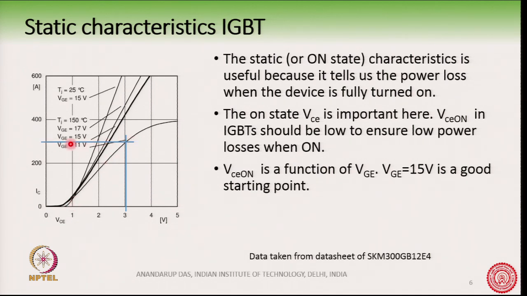For IC equal to 300 ampere, if the VGE is 11 volt, then we are operating somewhere here, which means the VCE is about 3 volt. On the other hand, for the same current IC of about 300 ampere, if the gate emitter voltage is 15 volt, then I am somewhere here at this point, which is maybe about 2.2 volt, the VCE.